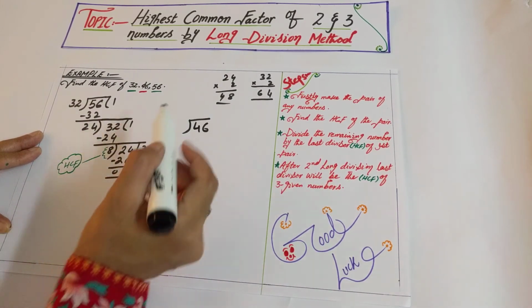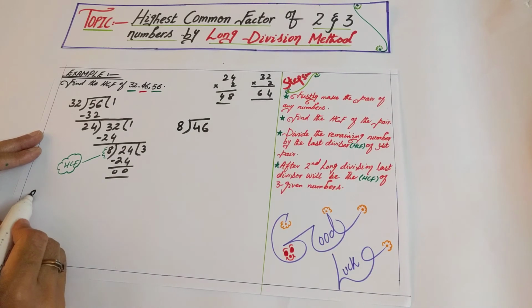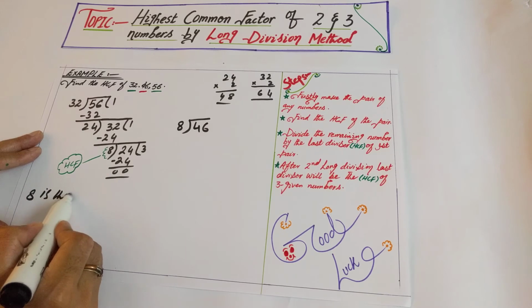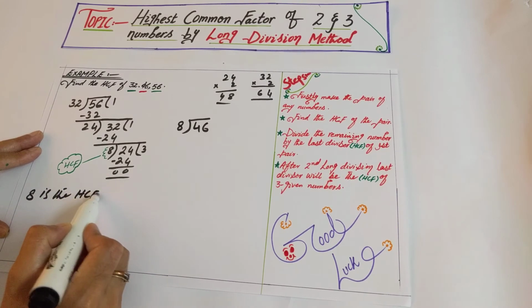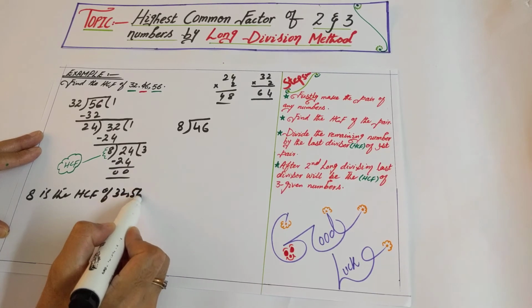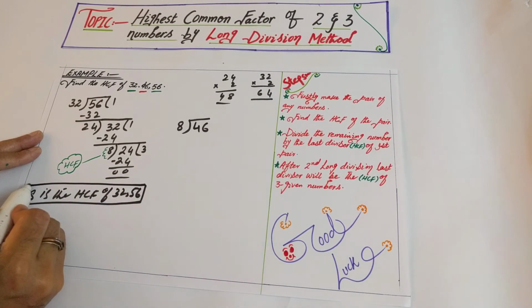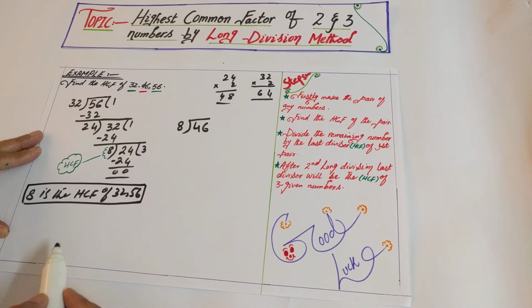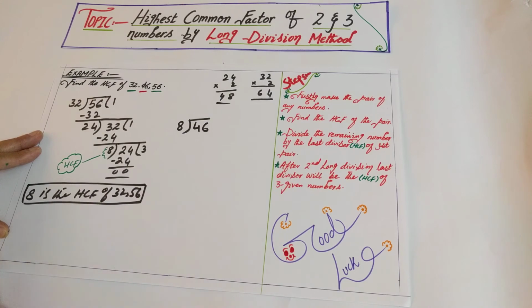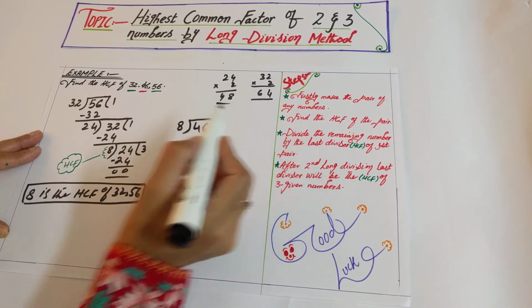What is the last divisor? 8. 8 was the HCF of 32 and 56, and we will divide this left number by this HCF. Again we will follow the same process.